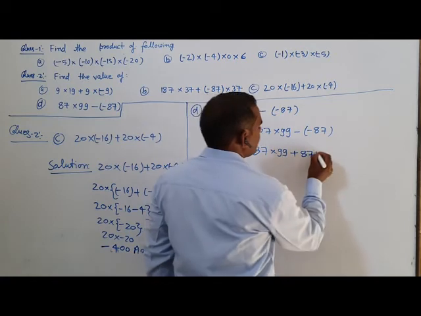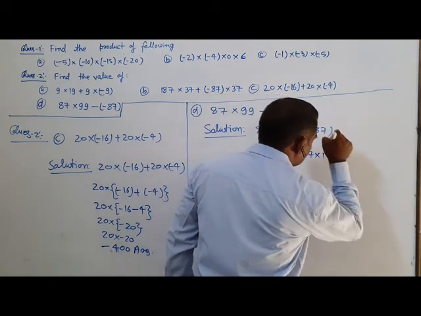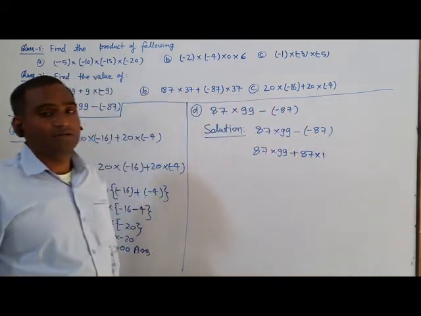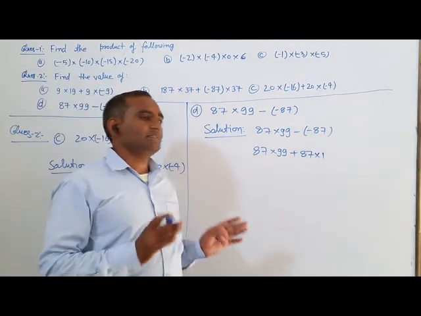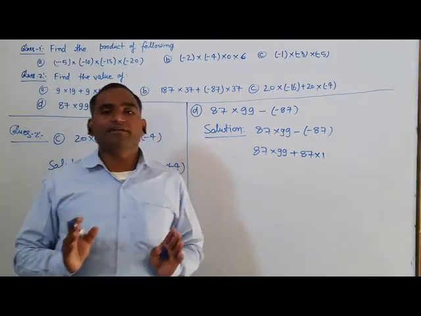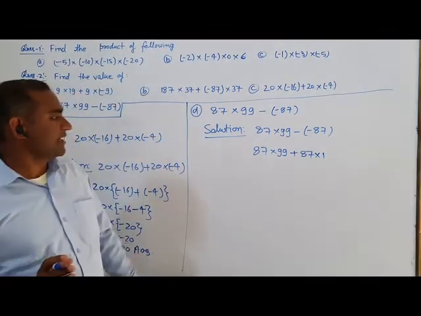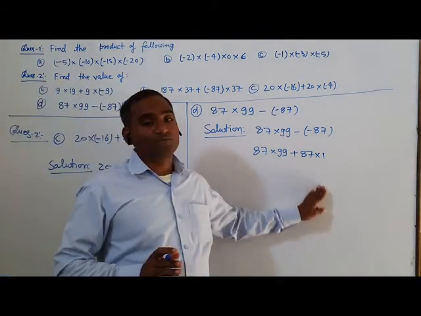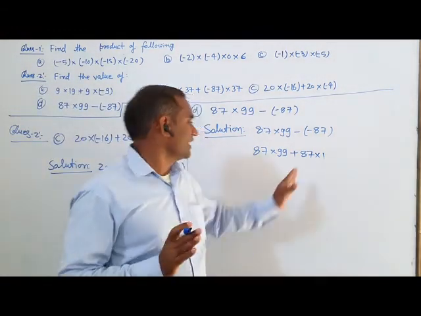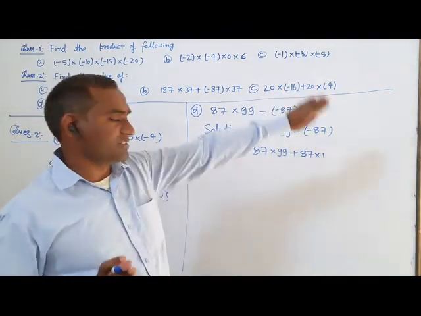You can write 87 into 1, because when we multiply any integer by 1, we get that integer.